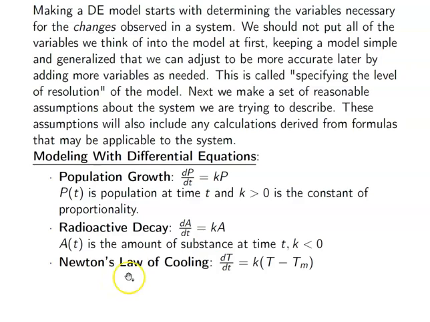Newton's law of cooling, very, very similar. The rate of change of temperature at time t is a constant multiple of the difference in temperature of an object and its surrounding medium. Okay, so for instance, my rate of change is going to be larger if this is a large difference, right? So let's say I put something cold, okay?